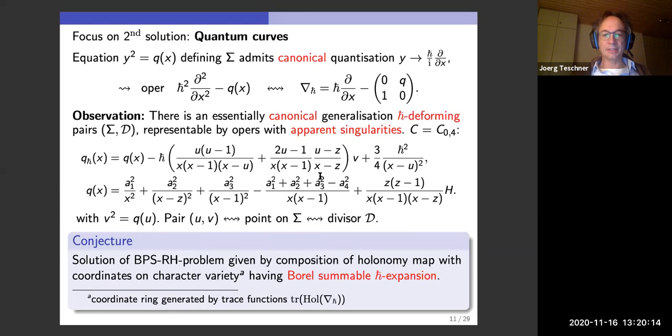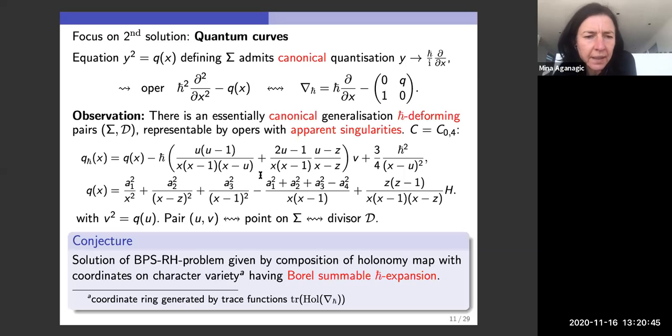This is then describing the locus of these extra singularities. So these extra singularities are entirely determined by the position of the extra singularity, because all the rest is basically canonical. Here's one term of order h squared, which is just given by, again, the position. And there's an extra parameter, which in turn is determined by the equation of the curve itself, right? So everything here is determined by the divisor and nothing else.